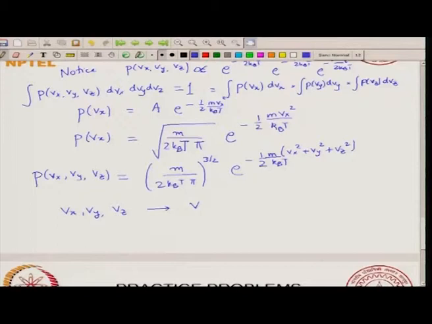When you look at the expression for v equal to the square root of Vx square plus Vy square plus Vz square, you immediately realize that this is nothing but the length of the velocity vector. So, you are going from x, y, z to a length, and that should remind you that what you are doing is a transformation of coordinates from x, y, z to spherical polar coordinates. So, there should be two other components, a theta component and a phi component.